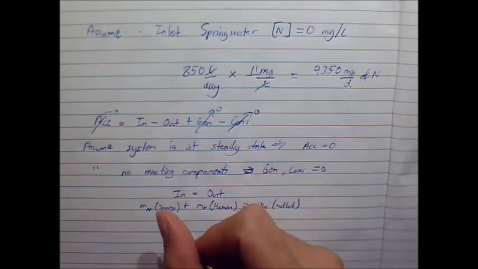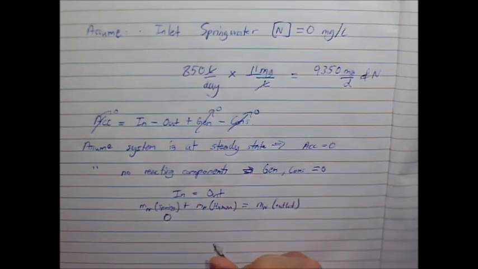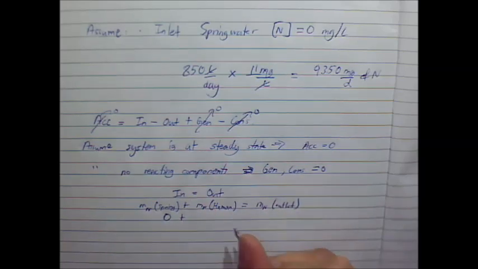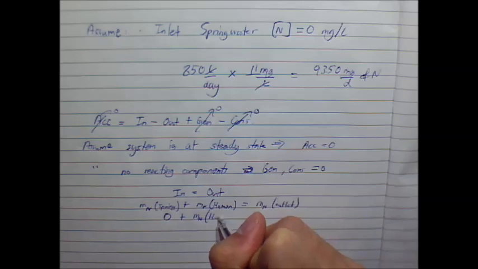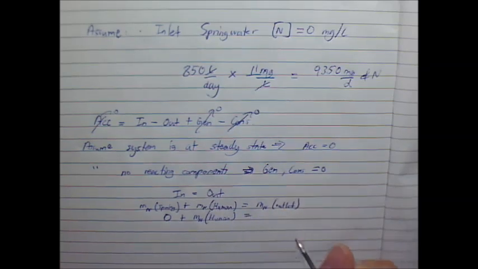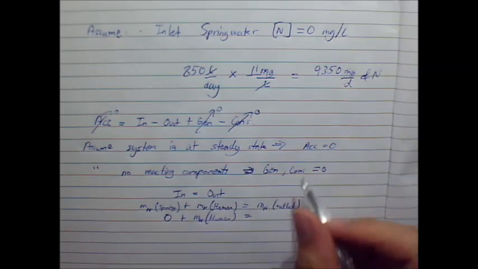With this information, we can go in and substitute what we know. We've got 0 coming in from the spring water because of our assumptions earlier, plus the amount in the humans, which we don't know. This is what we're still trying to solve for. And we've got the outlet, which we've calculated just here.